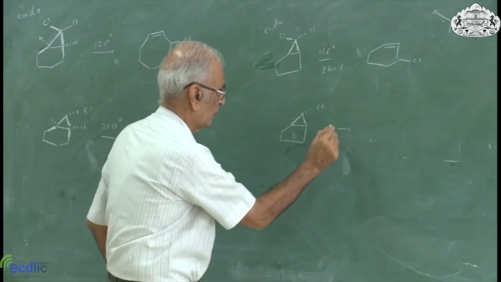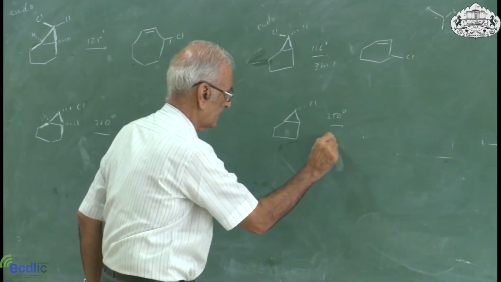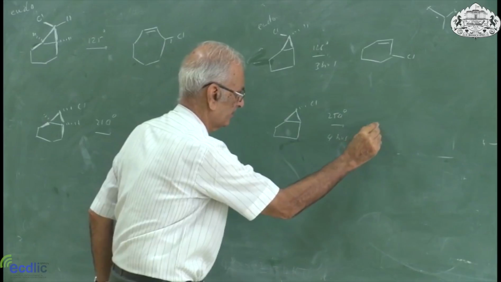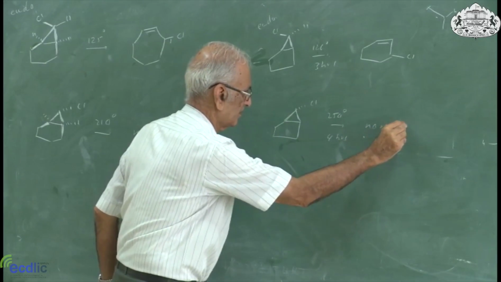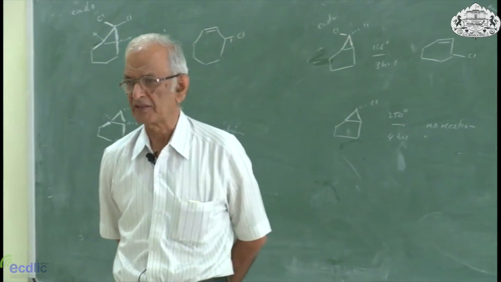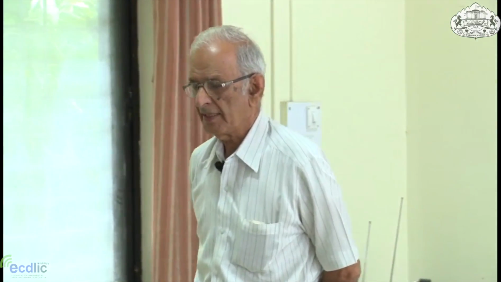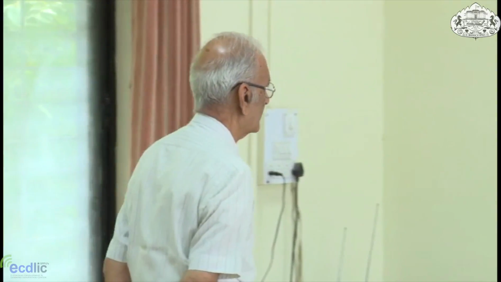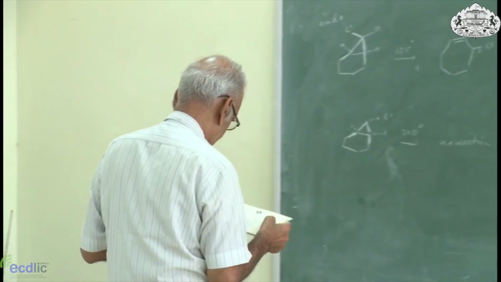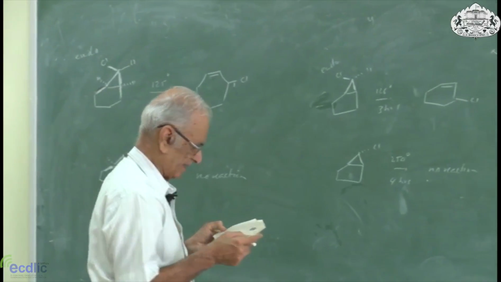Exo-chlorine, 250°, 4 hours. No reaction. What is the driving force for this reaction? We are going from the less stable cyclopropane ring to the more stable 6 or 7-membered ring. So, that is the picture that you see.